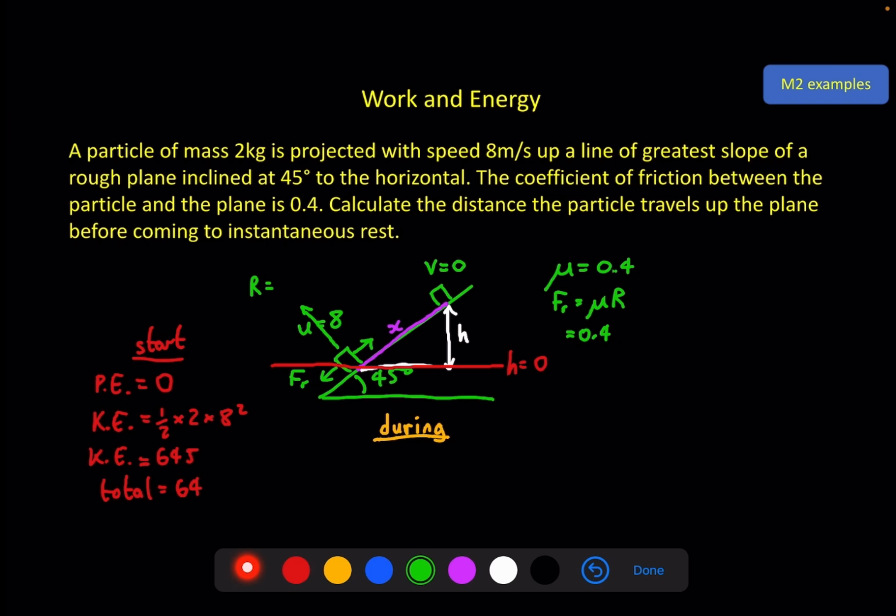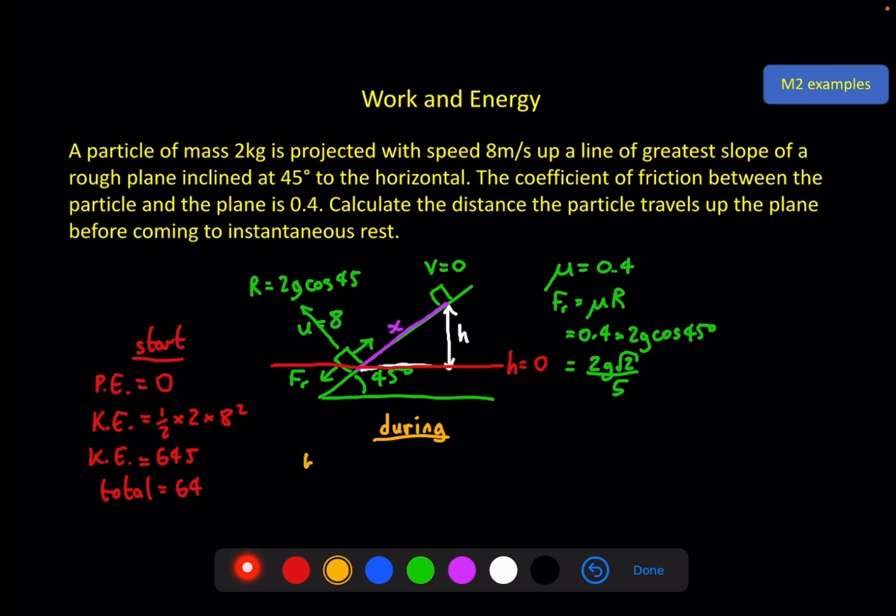which in this case is equal to 2g cosine 45. If I keep the g in there for now to keep it nice and exact while I work, that is 2g root 2 over 5.